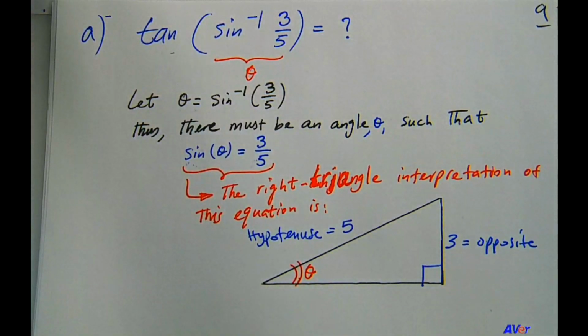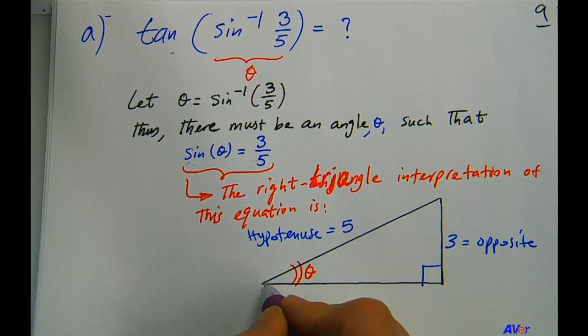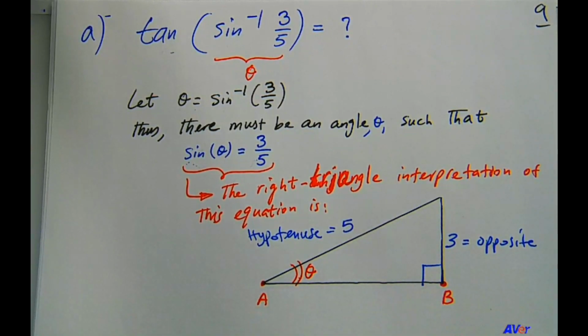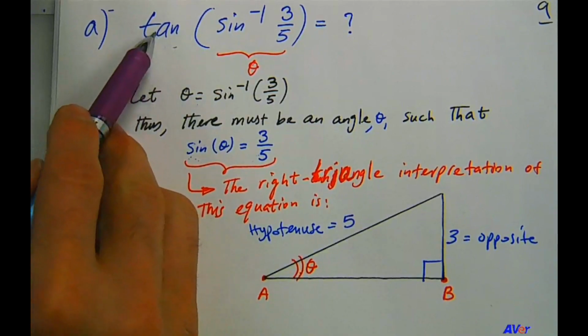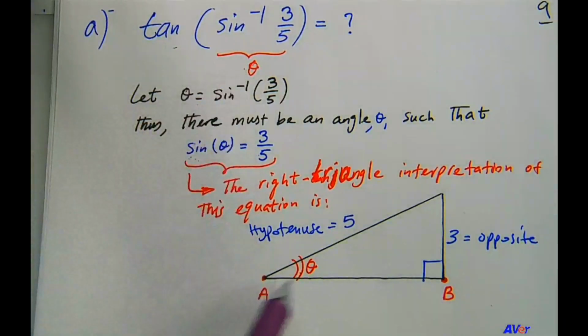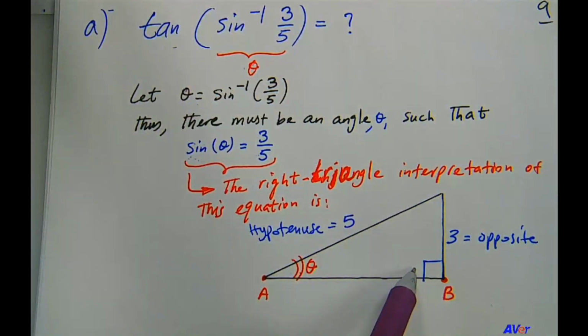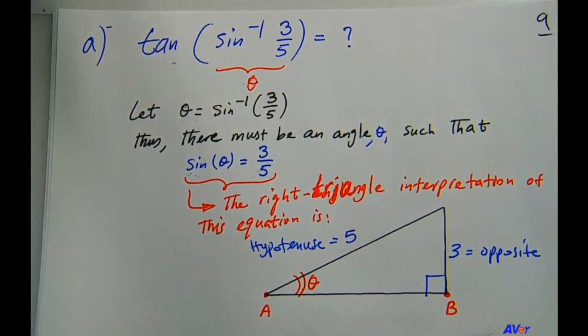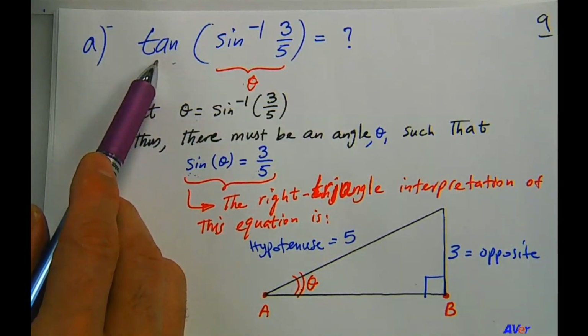And by the way, let's call this point A and this point B. Okay, so I'm going to write down an equation for tangent of theta given this geometric interpretation.